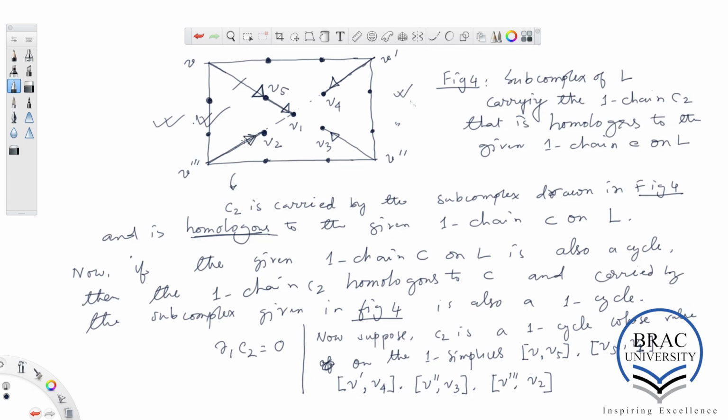Okay, so there are 5 oriented edges, right? So let us assume that the value of this one cycle on these oriented 5 edges are n1, n2, n3, n4, and n5 respectively. Okay.